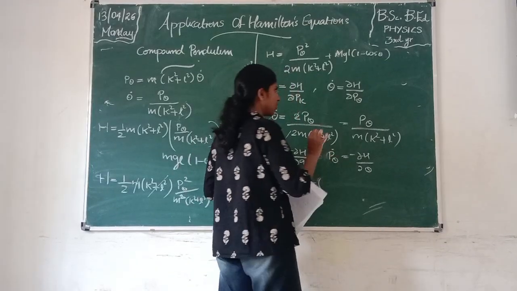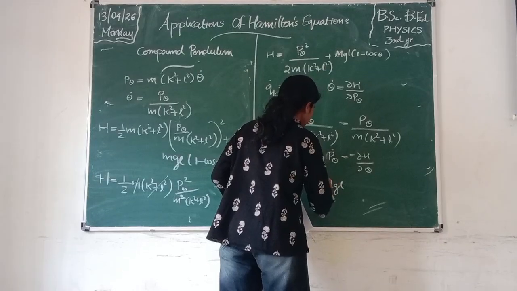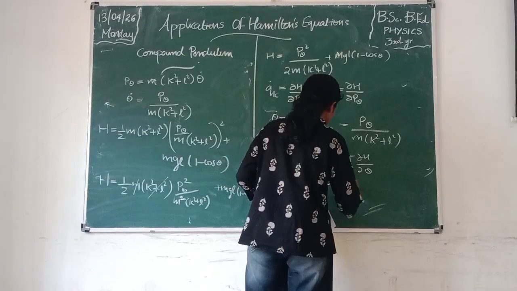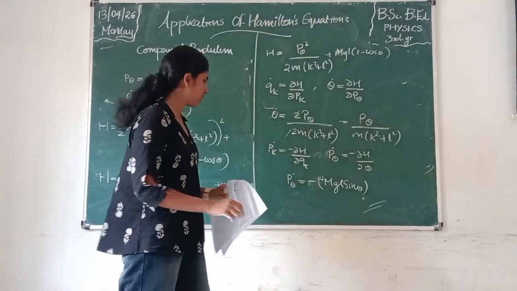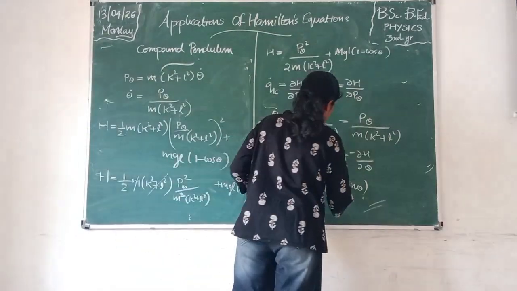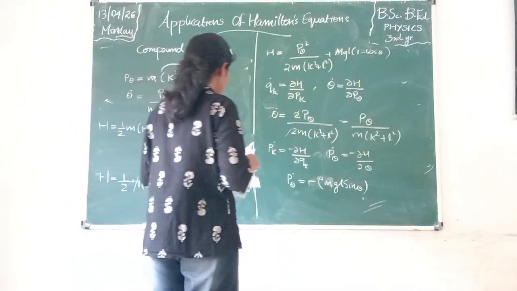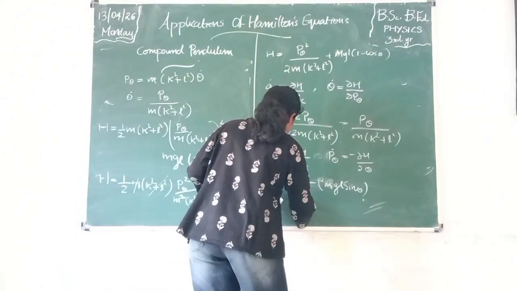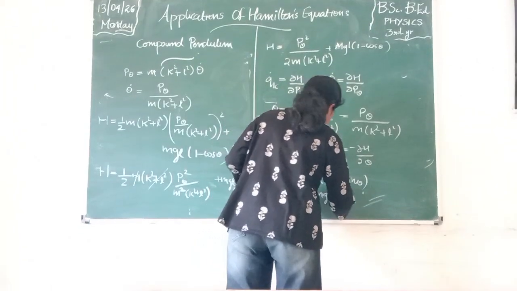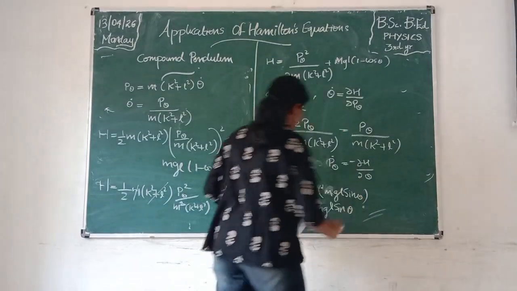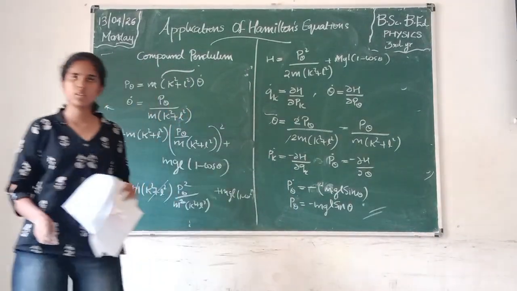Sin theta, as we did in the simple pendulum method. So p theta dot is equal to minus mg l into sin theta. Okay, so we got the equations for theta dot and p theta dot.